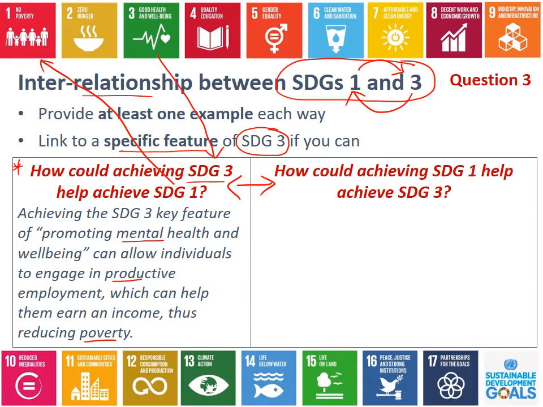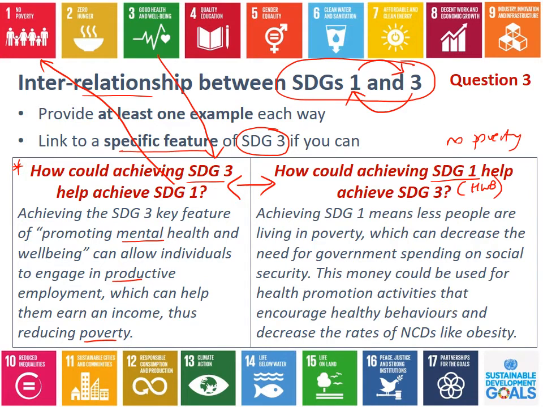Then looking the opposite way, how could achieving SDG 1, so no poverty, help us to achieve SDG 3, which is good health and well-being? So an example for that, achieving SDG 1 means less people are living in poverty, which can decrease the need for government spending on social security, so things like Centrelink.